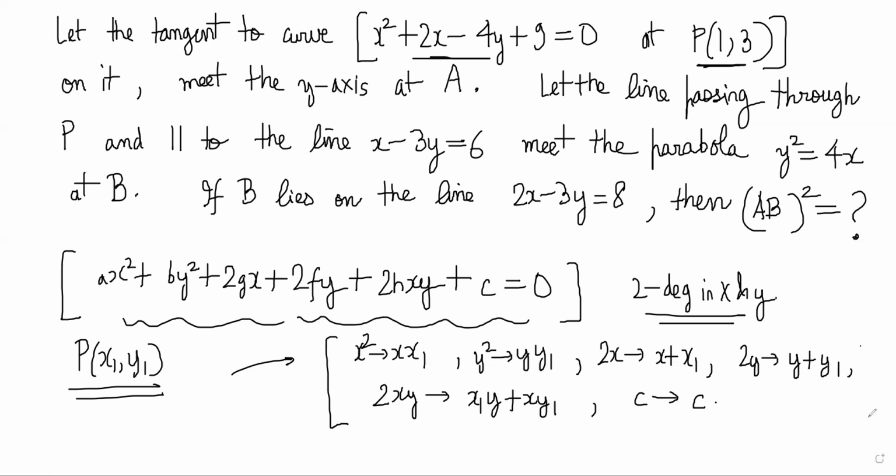So those who don't know this, please make sure that you understand what I'm saying. You have to take this equation, and in this equation, you can replace x square with xx1, y square with yy1, 2x with x plus x1, 2y with y plus y1, 2xy with x1y plus xy1, and keep the constant term unchanged. And the equation that comes is the equation of tangent at x1, y1 to this curve.